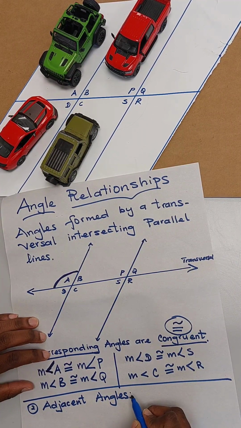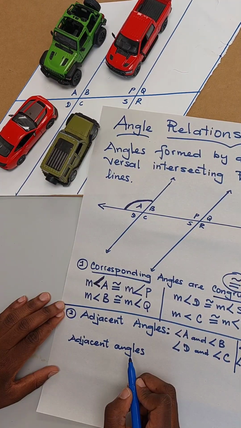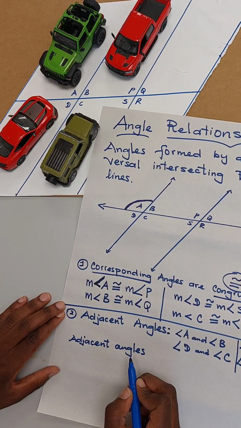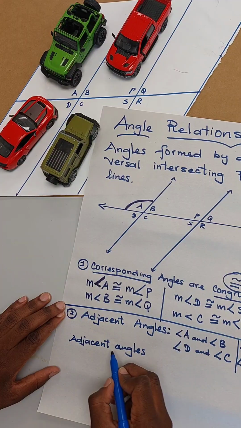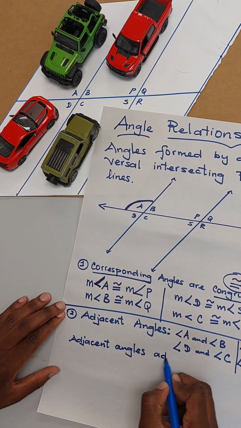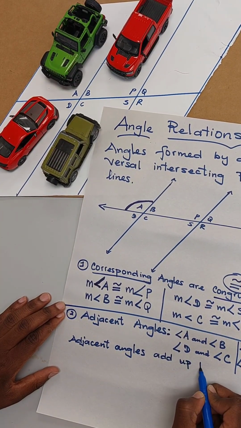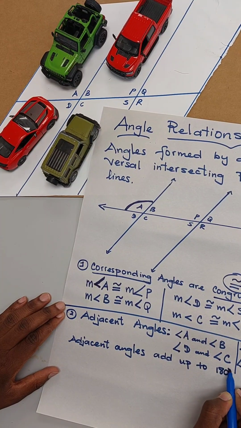There is a property of the adjacent angles in this scenario. The adjacent angles are supplementary. Supplementary means they add up to 180 degrees.